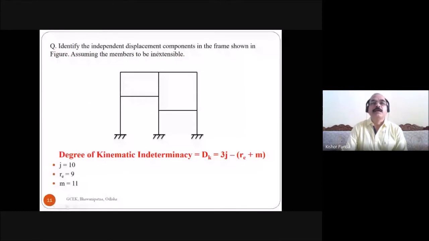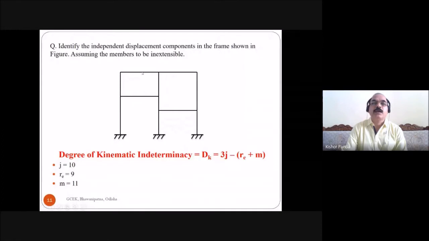Identify the independent displacement components in the frame shown in the figure, assuming the members to be inextensible. There is no internal hinge anywhere. So simply you will use this formula, DK is equal to 3J minus RE plus M. Using this relation, you will find the degree of kinematic indeterminacy.